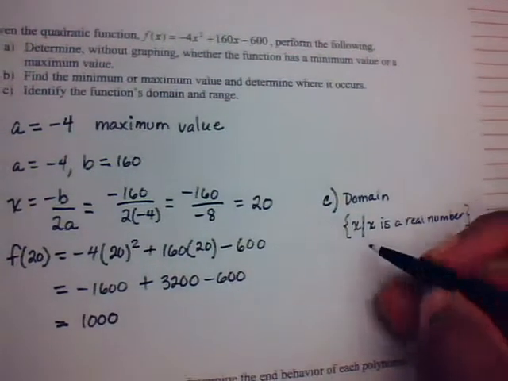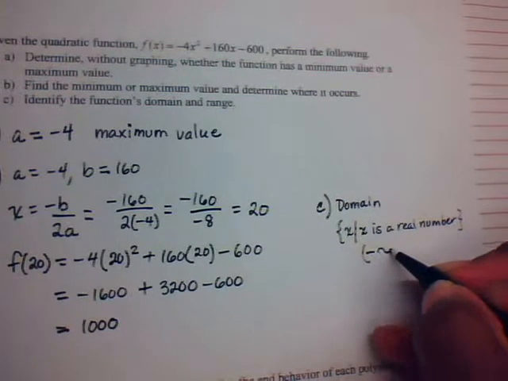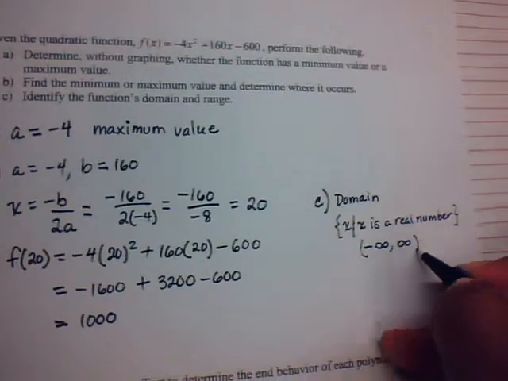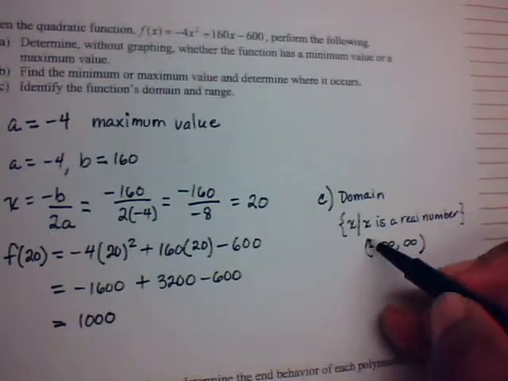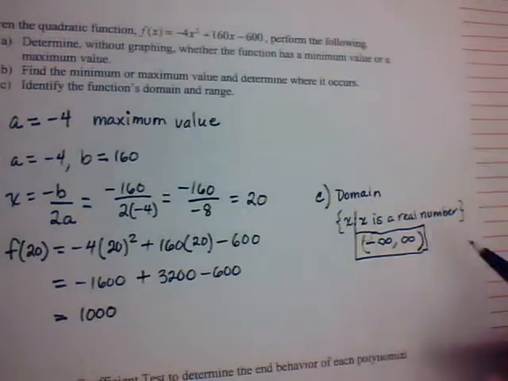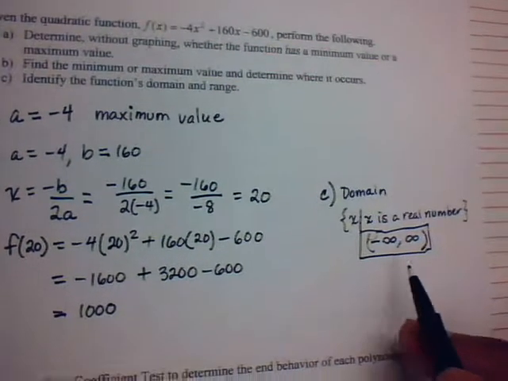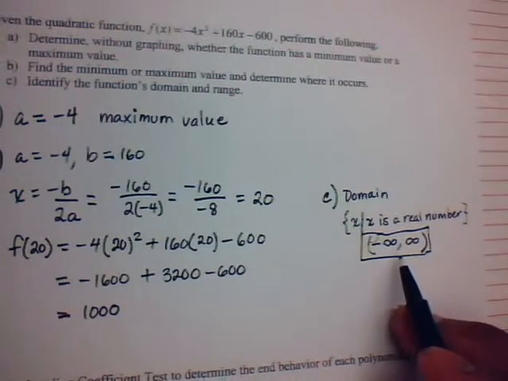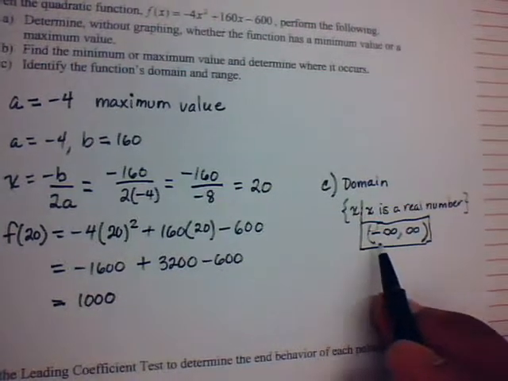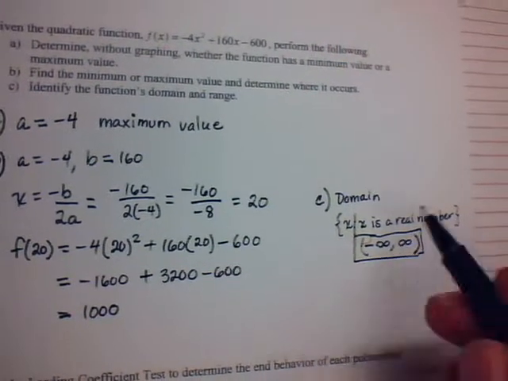Now, preferably interval notation, negative infinity to infinity. In fact, that's the answer that I will expect you to write when you give the function's domain and range. They have to be in interval notation, negative infinity to infinity.